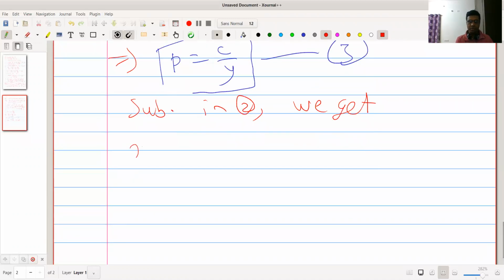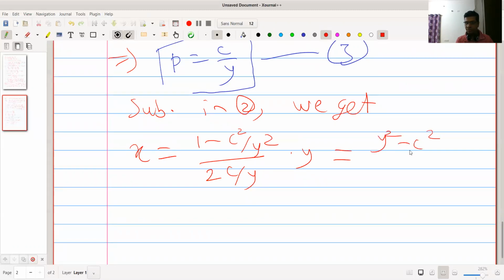So x equal to 1 minus p square, where p square is c square by y square, upon 2p, so 2c upon y, into y. So this is (y square minus c square) divided by 2c. So y square equal to 2cx plus c square is the required solution.